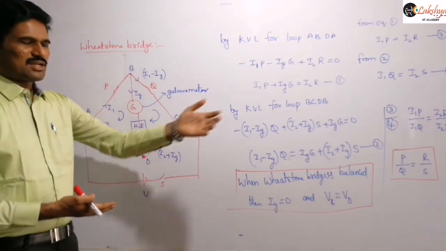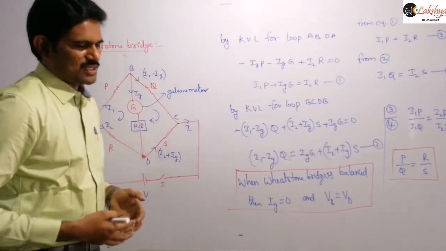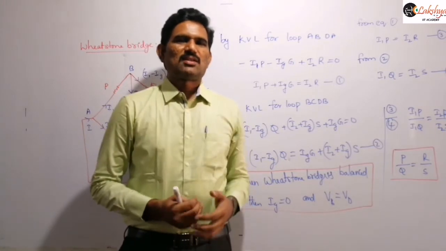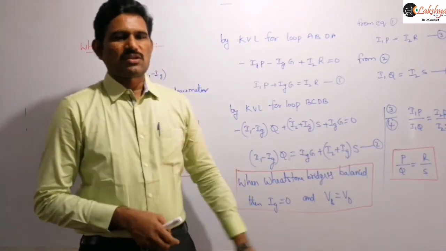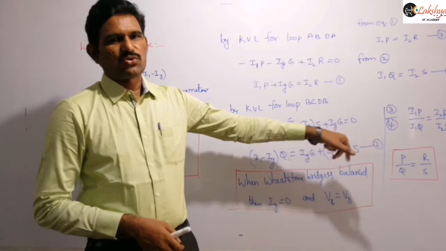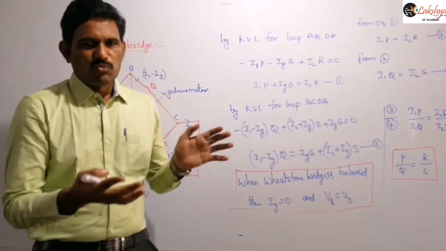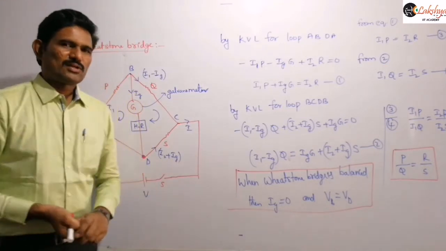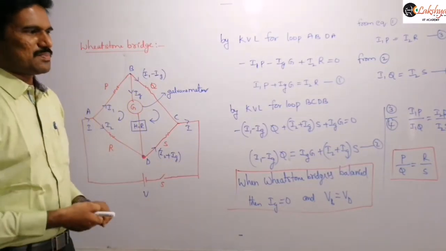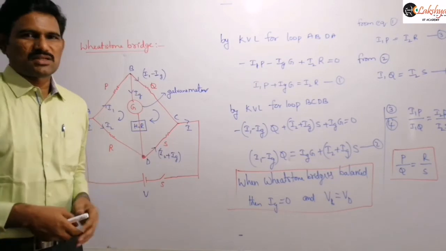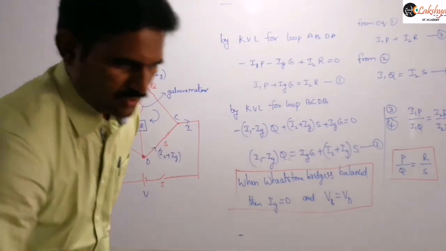So that is a balanced condition. When some circuit is given and they are asking whether the circuit is in balanced condition or not, we just verify that. We find the P by Q value and the R by S value. If both are the same, then you can say that the Wheatstone bridge is balanced.